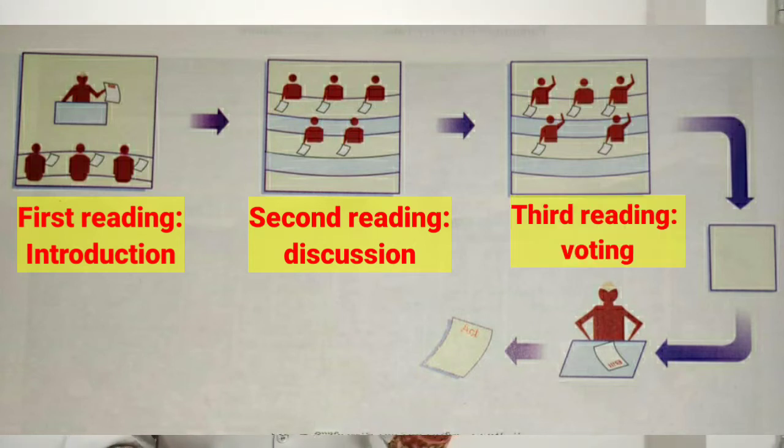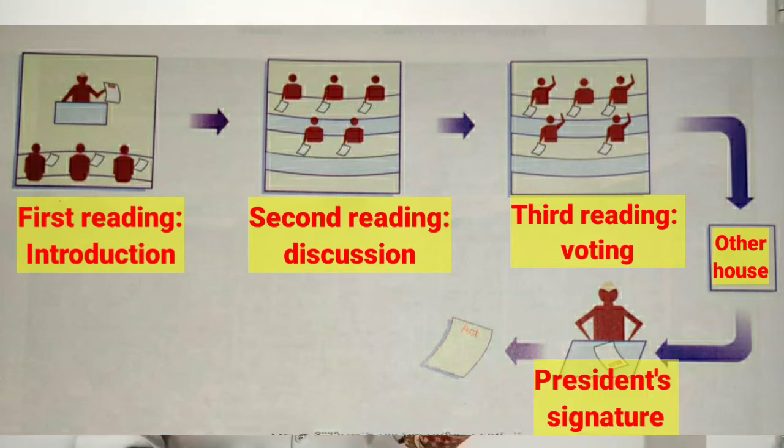After that, the third reading of the bill and voting for or against the bill. Then when the bill passes from one house of the Parliament, it goes to the other house of the Parliament. When it gets passed from the other house too, the bill goes to the President for the President's signature. So this is the whole procedure of how a bill becomes a law.